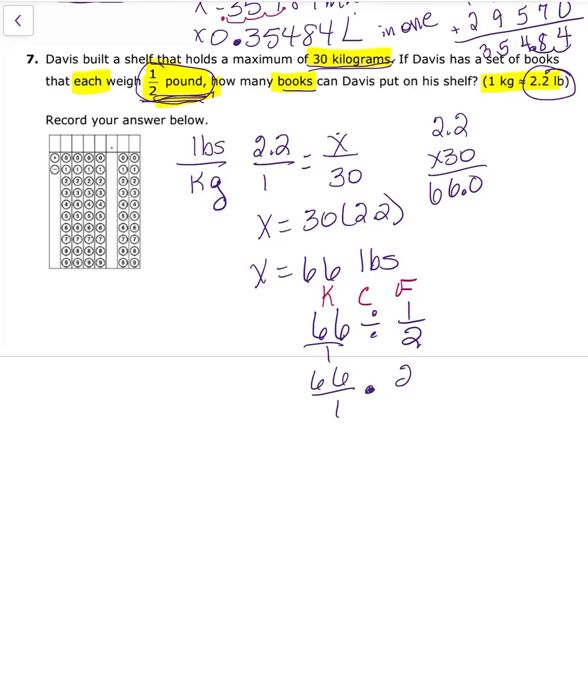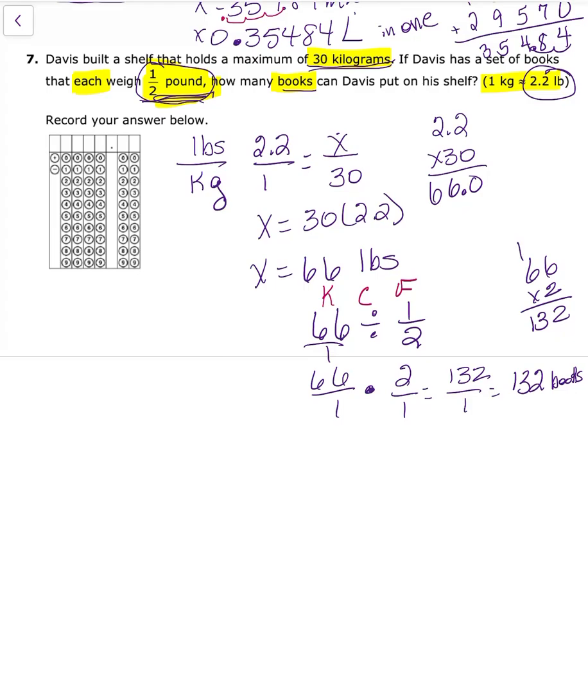That's right, multiply by the reciprocal. We just flip the numerator and denominator. So we're just going to do 66 times 2, 132 over 1, which is 132 books.